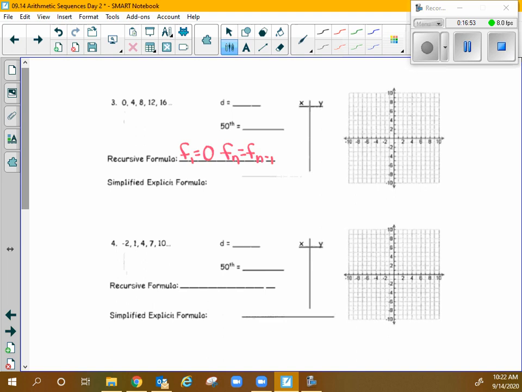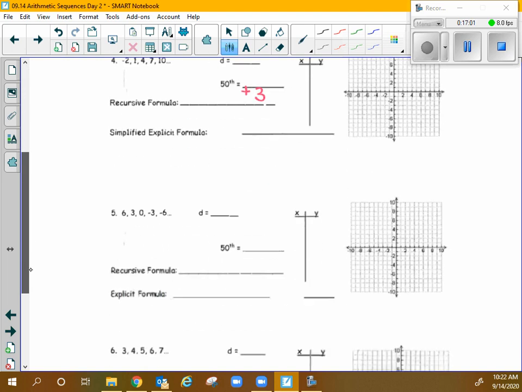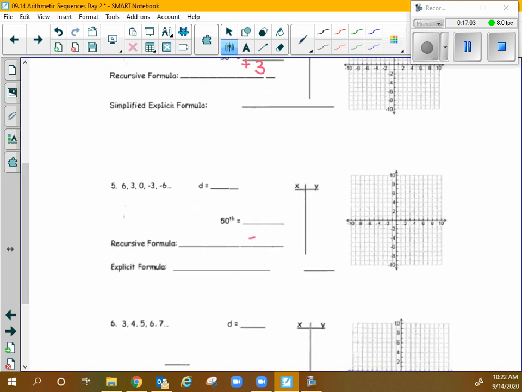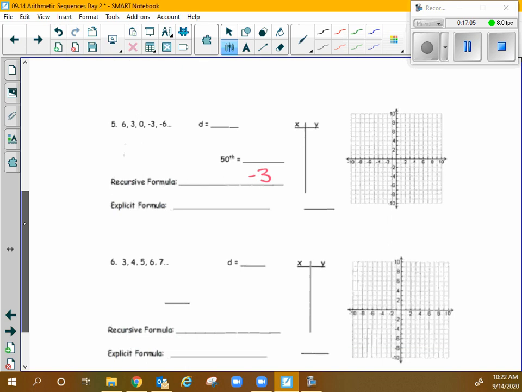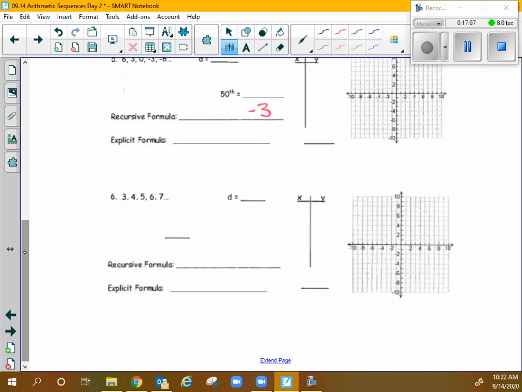Just add the common difference. So plus 4, this one was plus 3. This one was minus 3. And this one was plus 1. Okay. So y'all's recursive rules look really good.